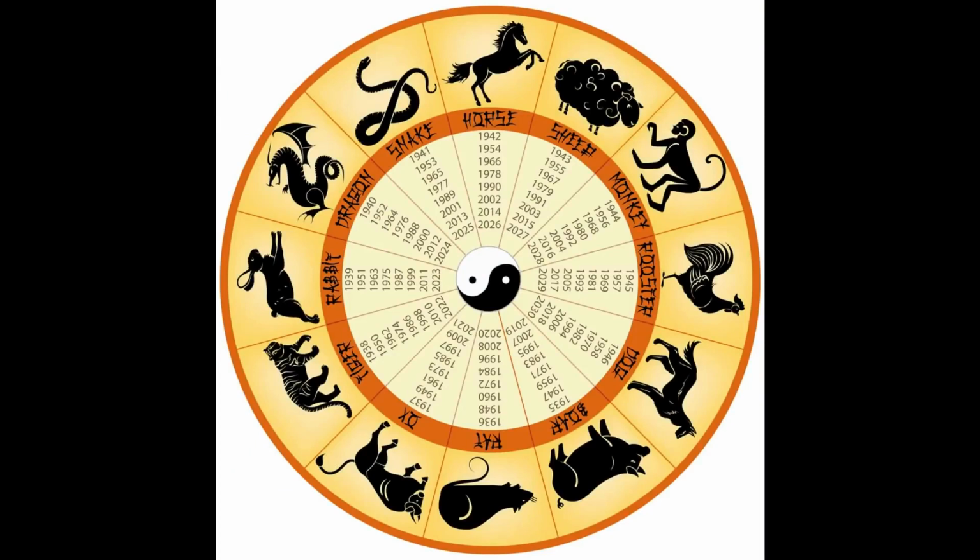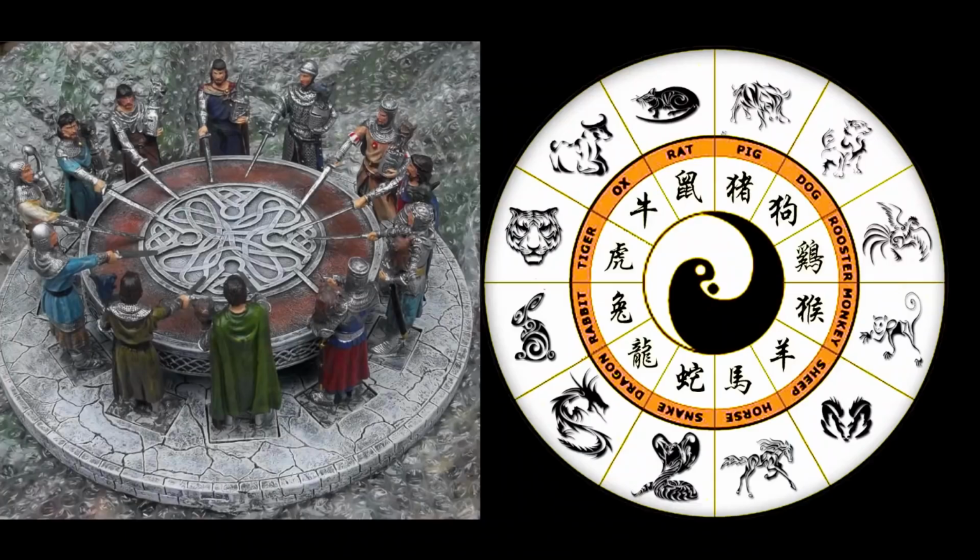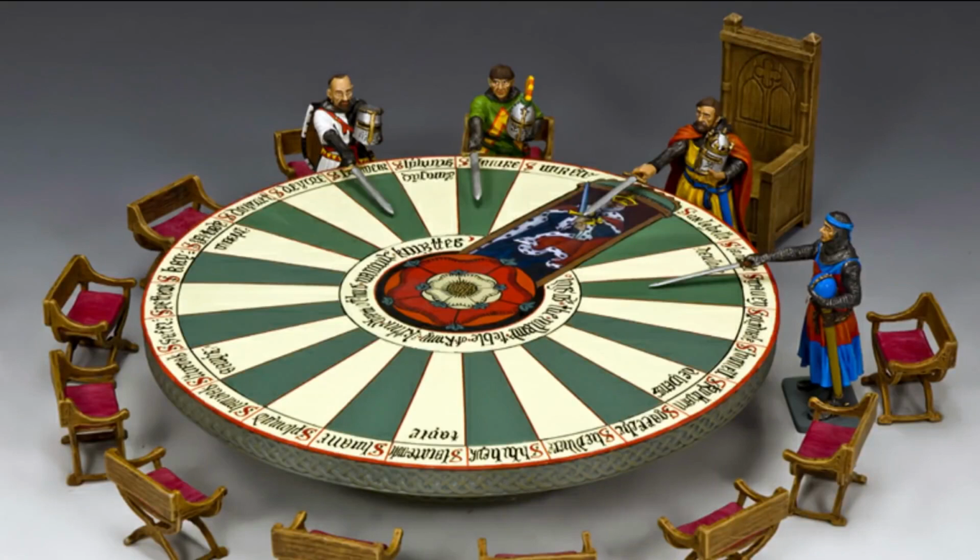The constellations of the dome or firmament circling the magnetic center, as do the yin-yang of the sun and the moon. King Arthur and the 12 knights at the round table. 12 zodiac signs, 12 knights, with King Arthur's seat at the top, like Polaris.